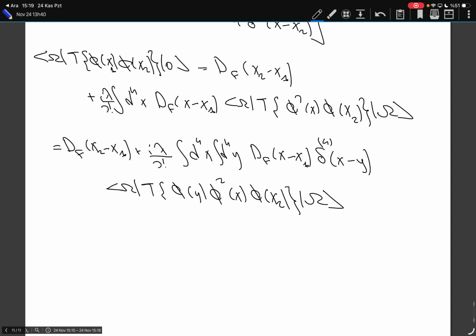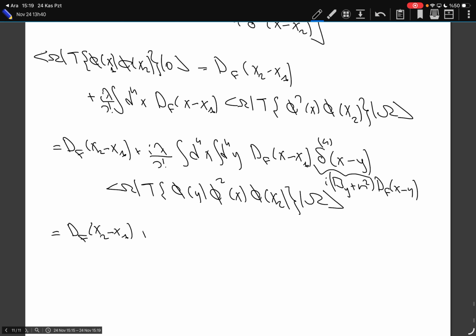Well, I will again do the same trick. This is i times, this time with respect to y, of this thing acting on my Feynman propagator x minus y. So what do I get? The Δ_F(x₂ minus x₁). Again, I will do integration by parts with respect to y.